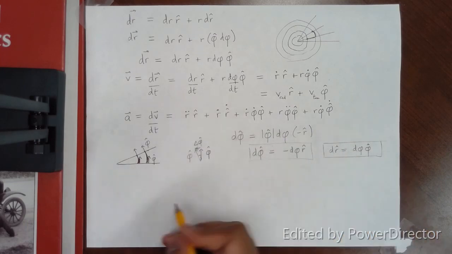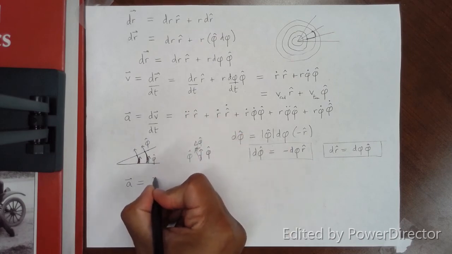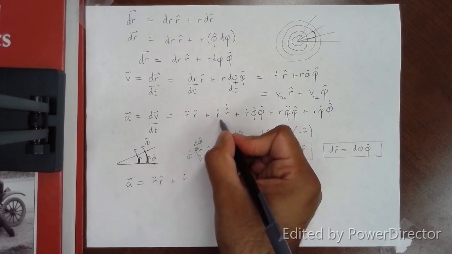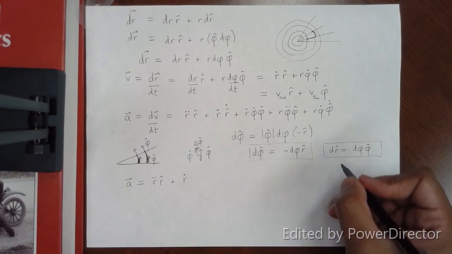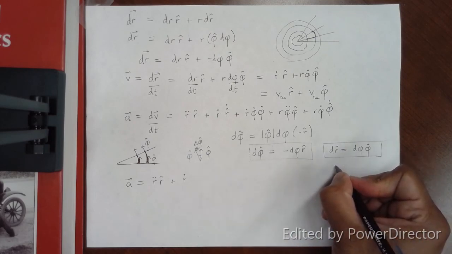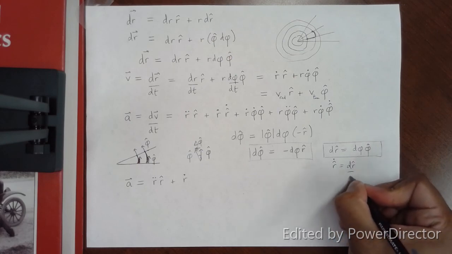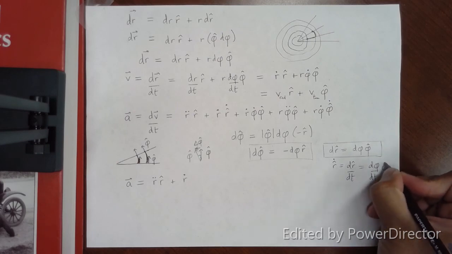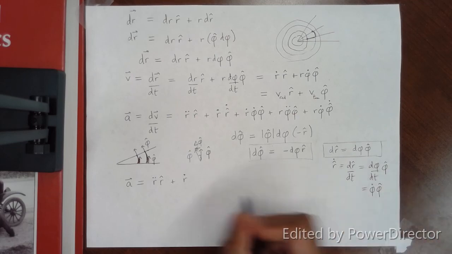we can now go to the acceleration. R double dot times r hat plus r dot times r hat dot. So we can see that r hat dot, which is d r hat dt, is just going to be d phi dt times phi hat, which is phi dot times phi hat.